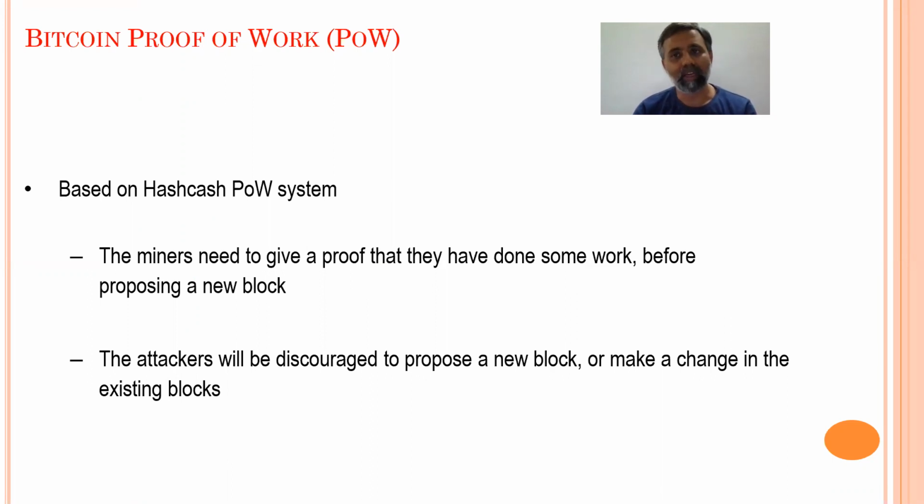And the winner of that challenge will be able to add a particular block. So definitely an attacker will be discouraged because he has to work sufficiently hard for the addition of blocks, and for any changes in the existing block as well. He has to work.